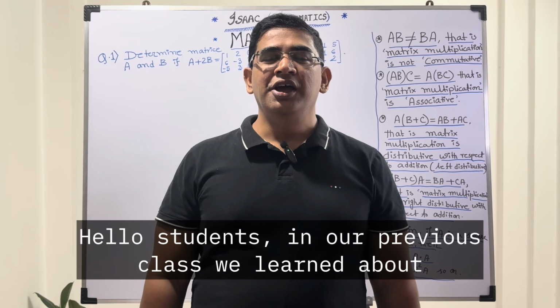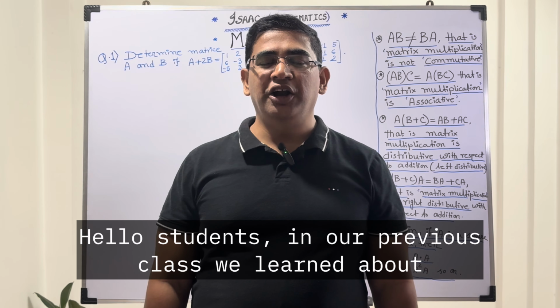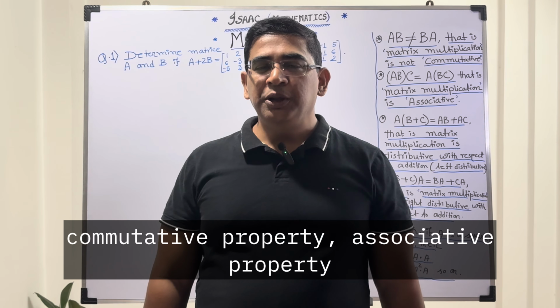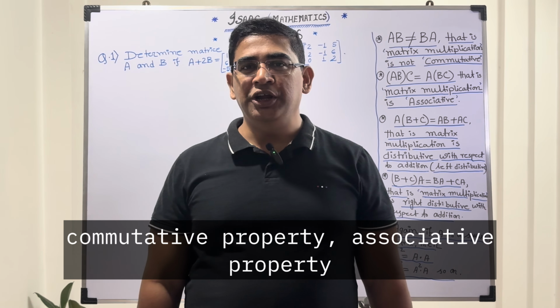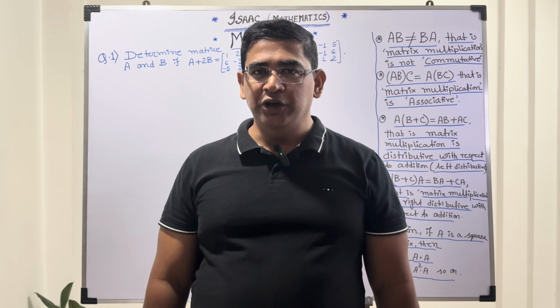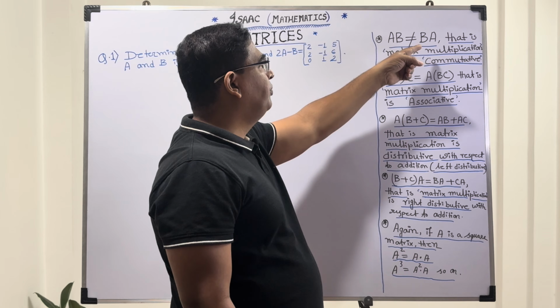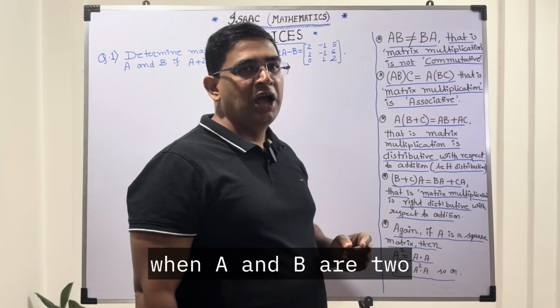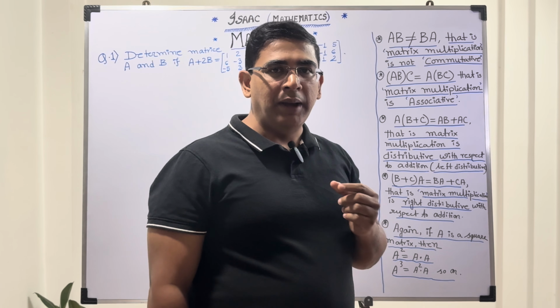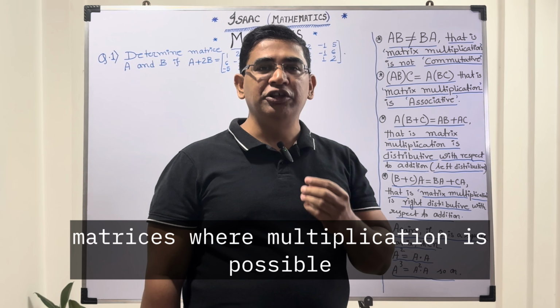Hello students, in our previous class we learned about the commutative property, associative property, and distributive property. AB is not equal to BA when A and B are two matrices where multiplication is possible.